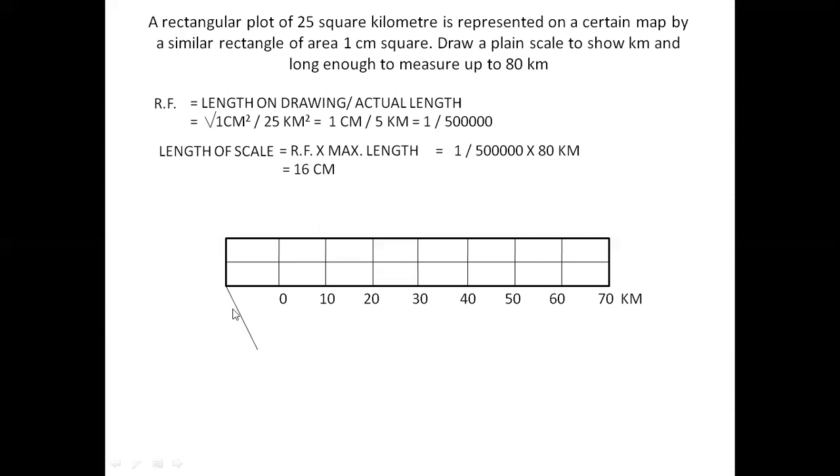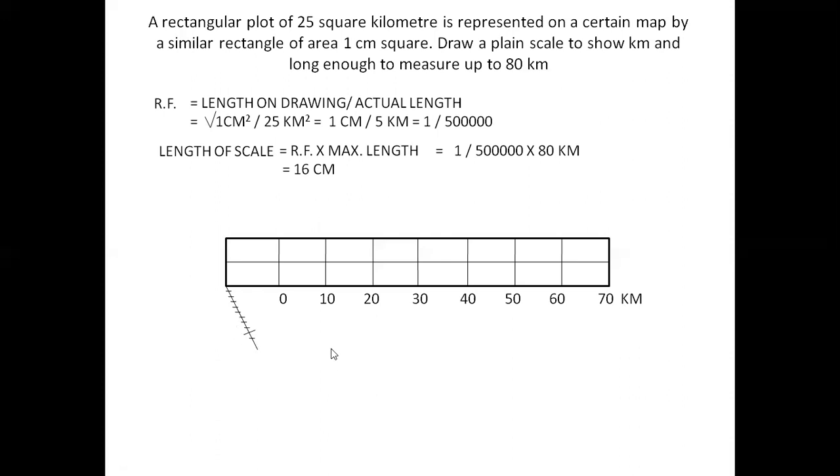then we mark here equal divisions. Suppose we want to divide this part into 10 equal parts. So we have to mark 10 equal divisions on this line. Suppose by compass, we mark 10 equal divisions on this line.